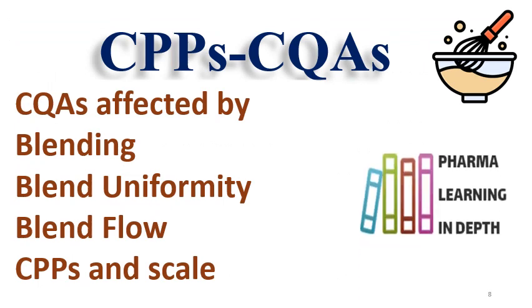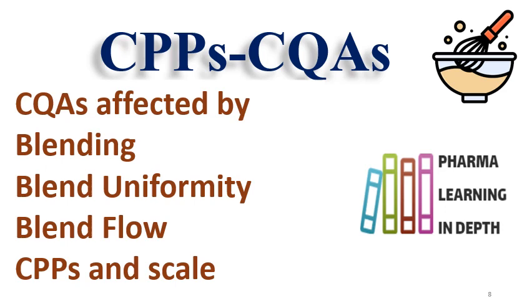So CPPs are those parameters which are critical for the CQA achievement. That's why these are known as CPPs. So these CQAs are affected by the CPPs. If critical process parameter is varied, it will have impact onto the CQAs.